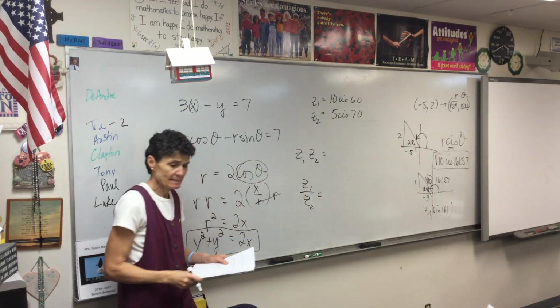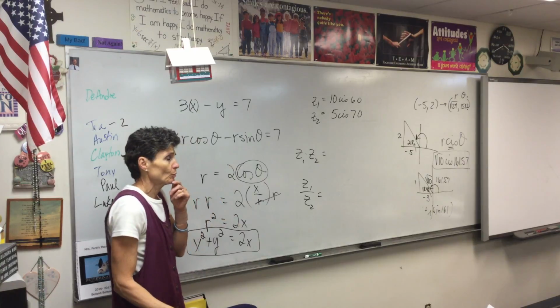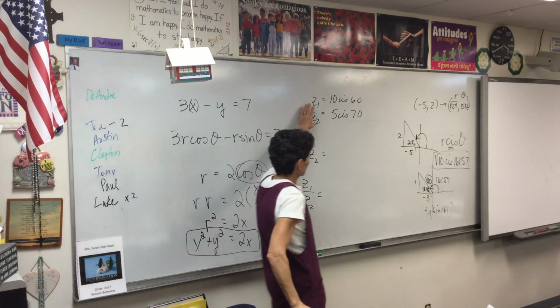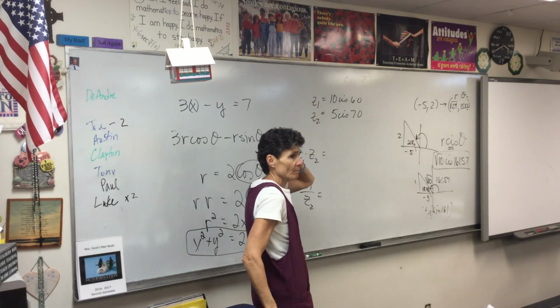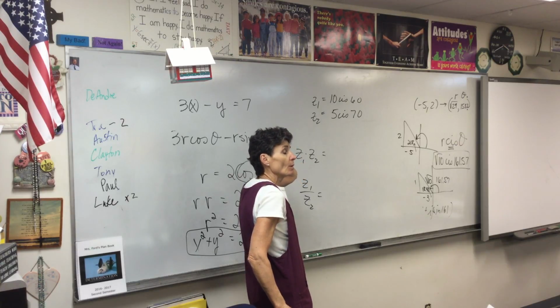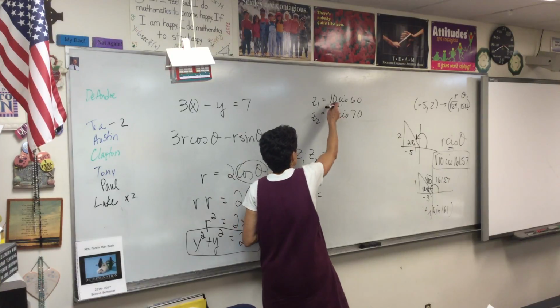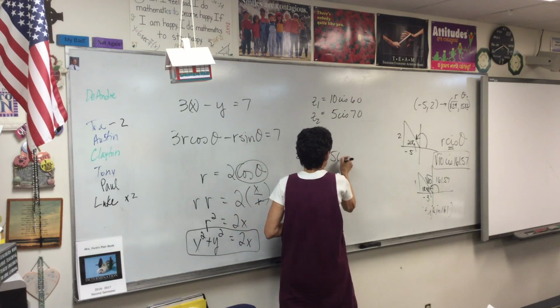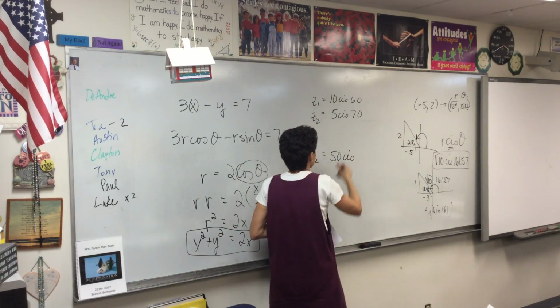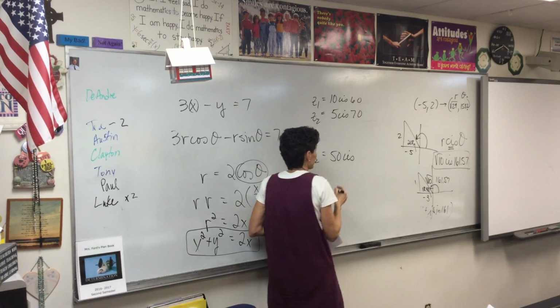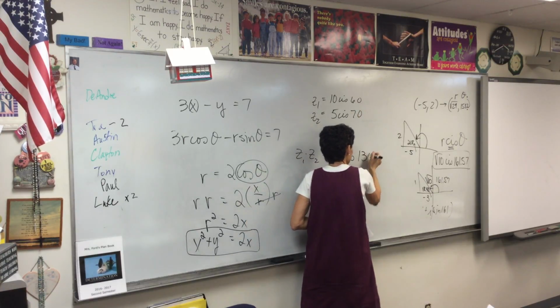This is one of the very last things we learned. Who remembers the rules for multiplying numbers in polar form? What do we do? Multiply first two. Okay, so we multiply the r's, so that would be 50. And then we add the angles, so that would be 130.